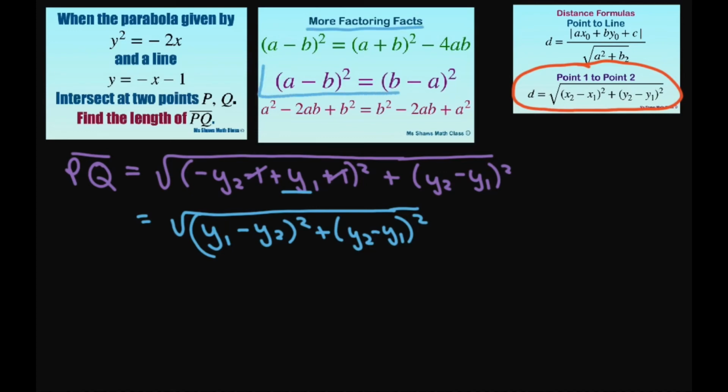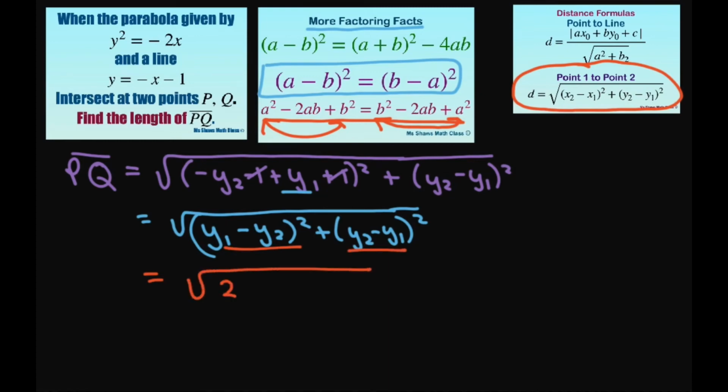When you have these flipped like this, they equal each other, because when you expand them, they're the same. The only thing that gets switched is the a squared and b squared, and they're both positive. So these are the same. I can write this as the square root of 2 times y sub 1 minus y sub 2 squared.